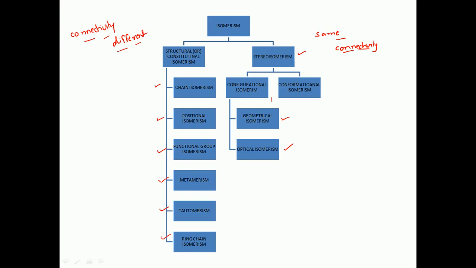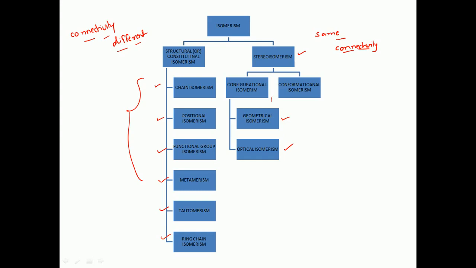And configurational isomerism is further classified into two types, geometrical isomerism and optical isomerism. In this lecture we are going to complete structural isomers and the different types of structural isomers.